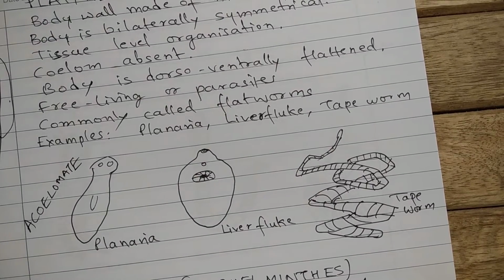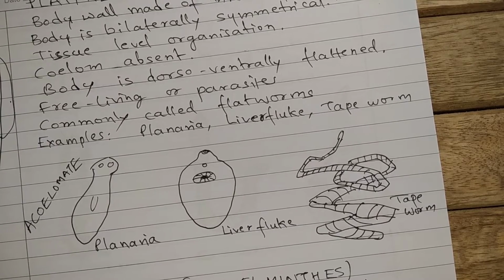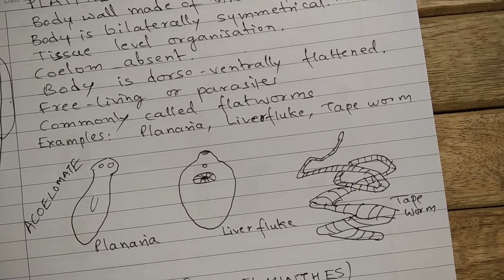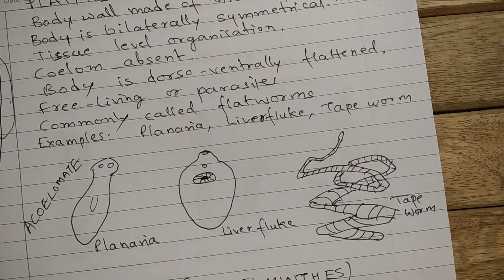The body is dorso-ventrally flattened. What does it mean? Dorsal means the upper portion of the body, the portion which is away from the base, and ventral means towards the base. For example, in the human body, the abdomen is the ventral portion and the back is the dorsal portion.